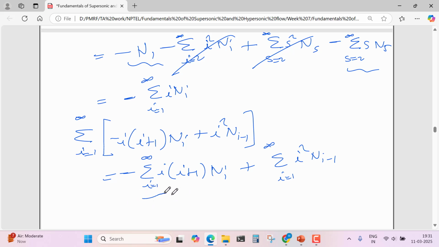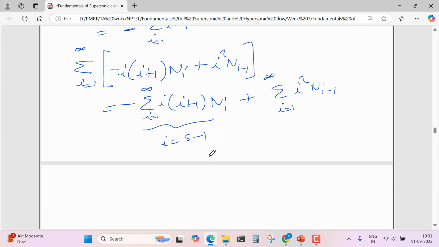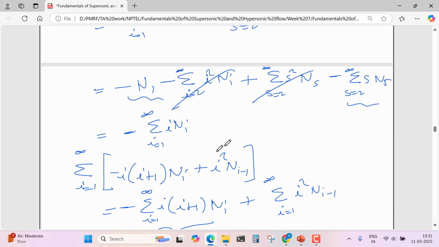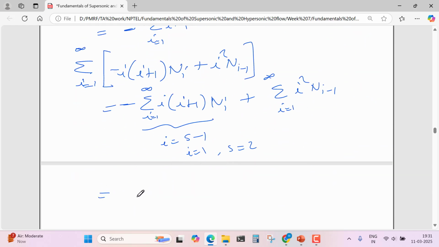Here, for this term, we will take i equal to s minus 1. So i equal to 1 will be s equal to 2. So we will get minus sigma s equal to 2 to infinity (s minus 1) into s n_{s-1}, plus sigma i square n_{i-1}.